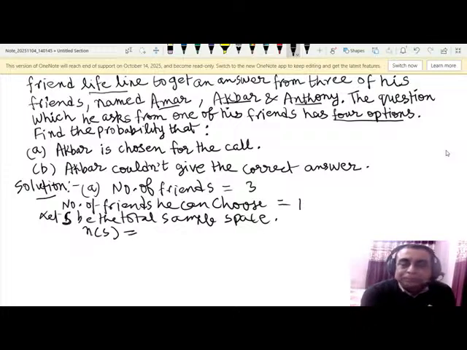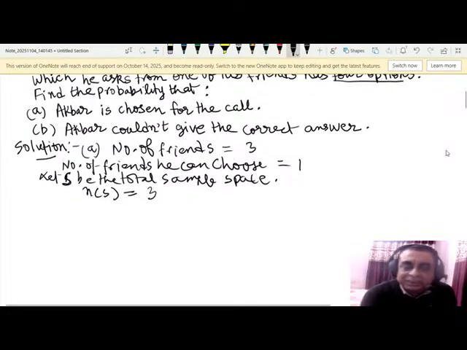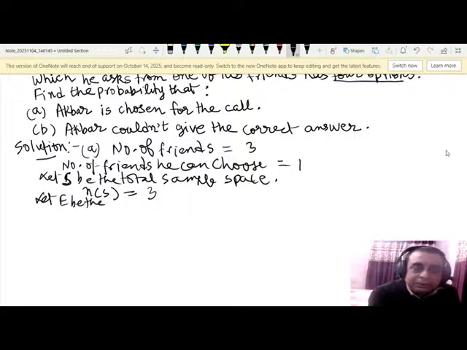From the 3 friends, he can choose any one of the 3, so n(S) is 3.